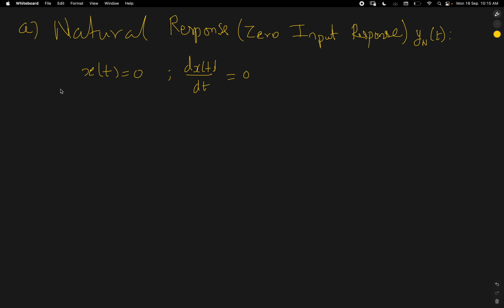So the differential equation becomes d square yn of t divided by dt square plus 5 dyn of t divided by dt plus 4yn of t equal to 0, since dx of t divided by dt equal to 0.